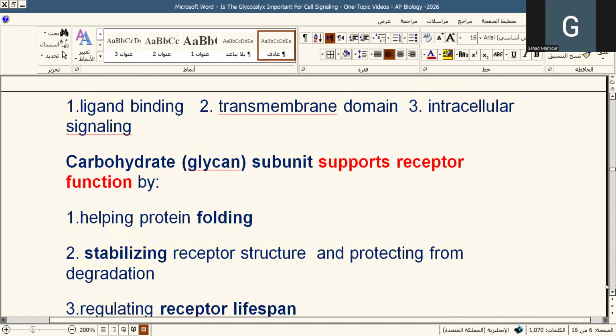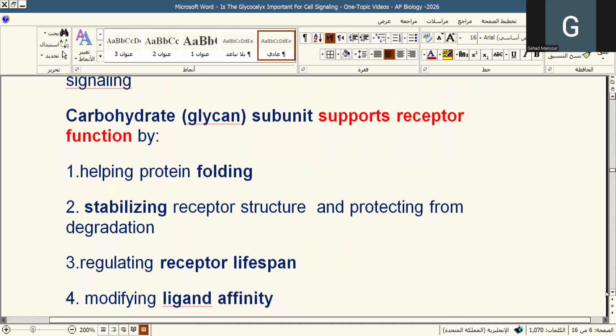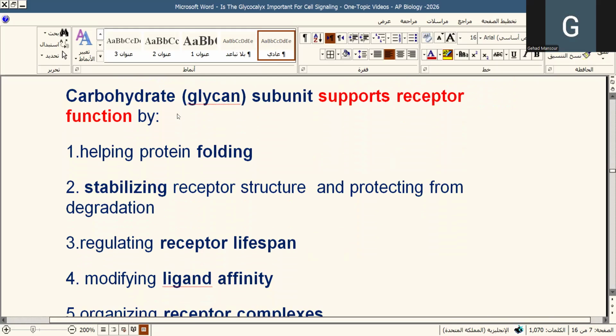So if the protein portion is the receptor part, what is the role of the glycan or carbohydrate subunit? Actually, the role of the carbohydrate subunit is crucial, but indirect. As you know, the 3D conformation of the protein depends on bonds between the polypeptide chains, and any change in those bonds will result in changes in the conformational shape of the protein.